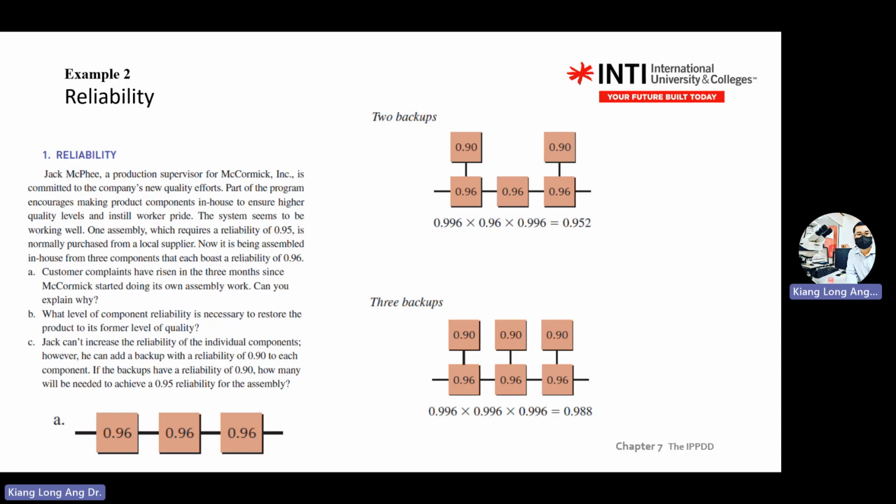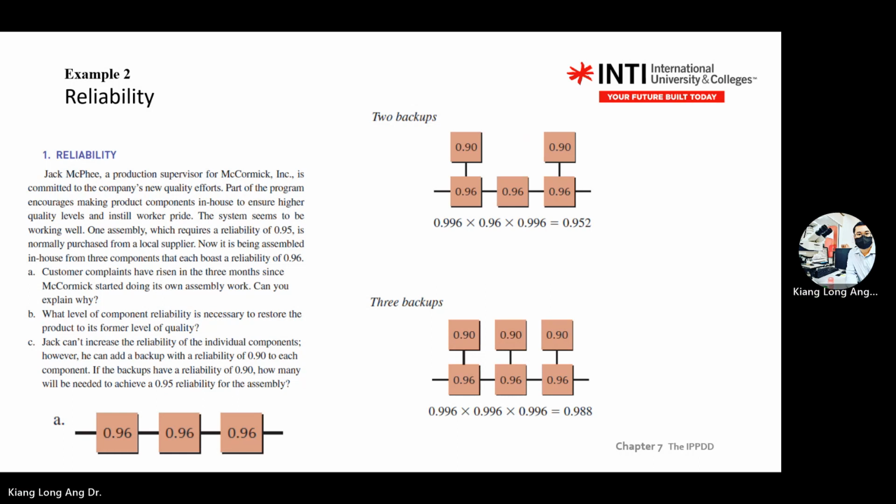If the question gives you two backups to use, backup 1 is 0.9, backup 2 is 0.88, only 2% different. So maybe the question will change a little bit. It will tell you if the system requires 3 backups, what is the value that you need for your backups, for example?